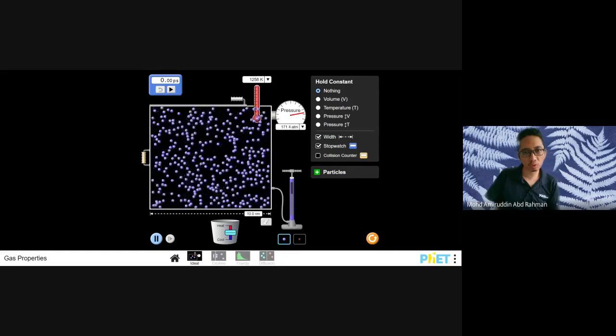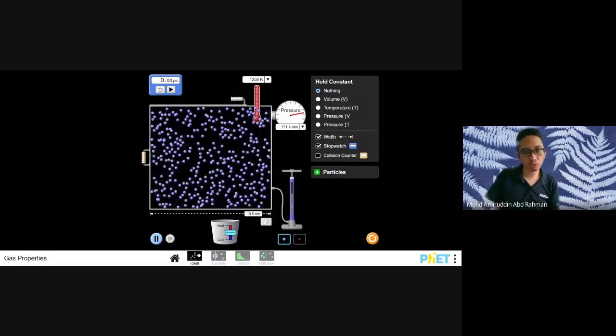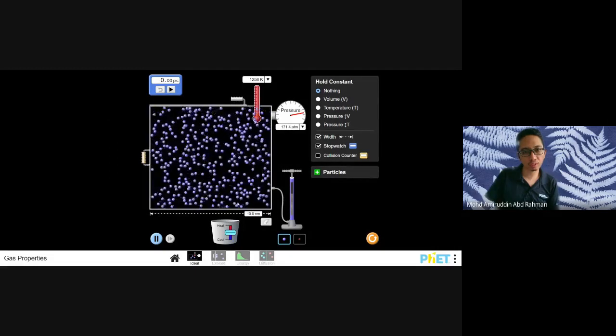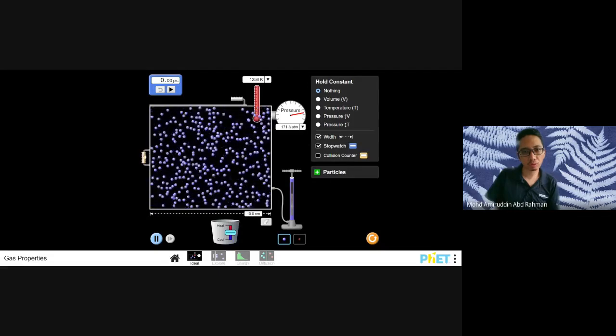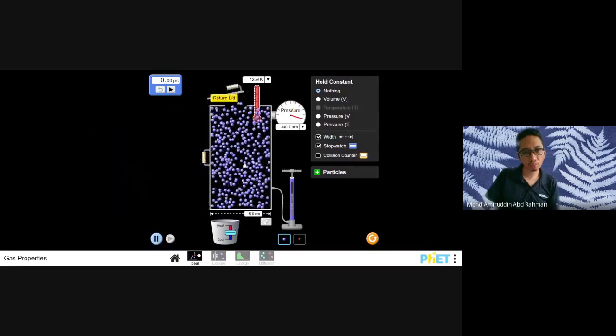So the molecule will move faster. And you can also change the width of the box. You can drag it, or you can make it smaller.